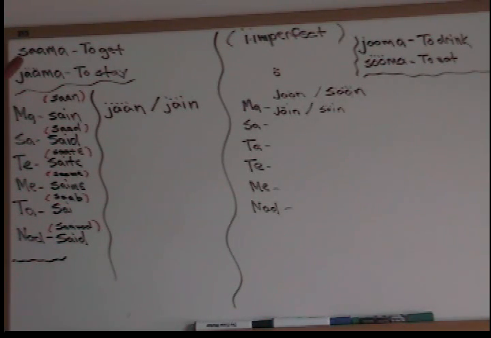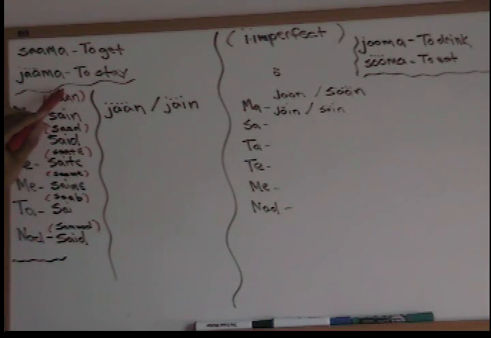Now, what you're going to do here: first, with the double vowels, you have 2 A's. What's going to happen is one A is going to drop off from the present, and you just add an i, and it will be sain. That will mean I got, or I obtained.